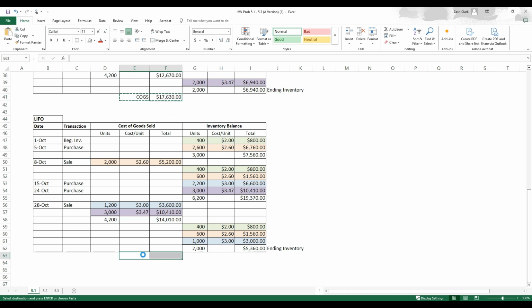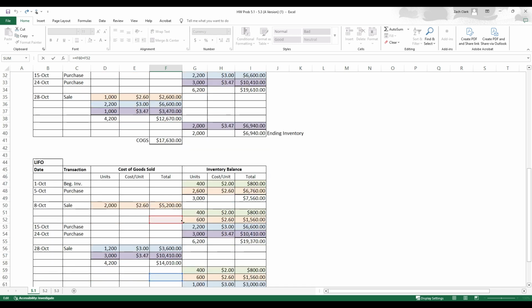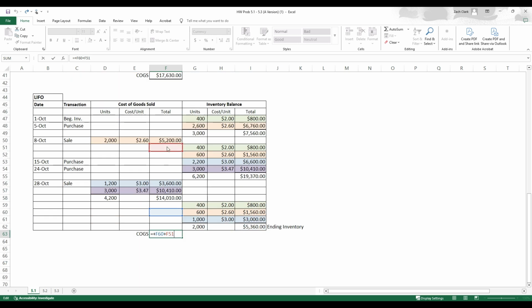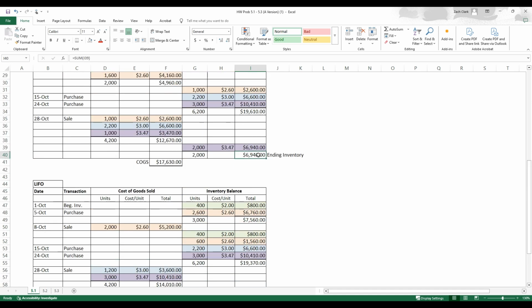And then again, our cost of goods sold now. Our formula we just copied over doesn't work anymore because it's referring to old positions from above. But let's just move those so it adds the two totals together there. And we end up with 19,210 for the cost of goods sold and 5,360 as ending inventory.